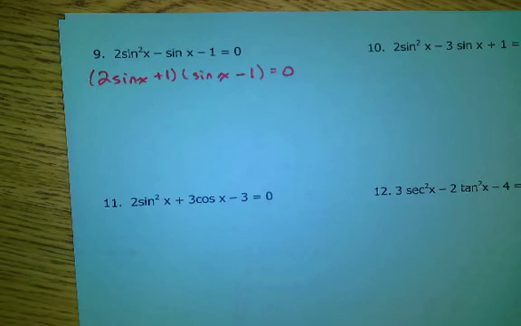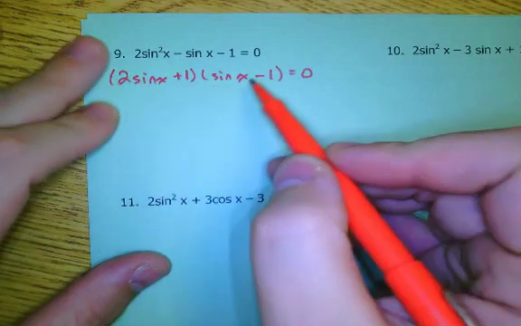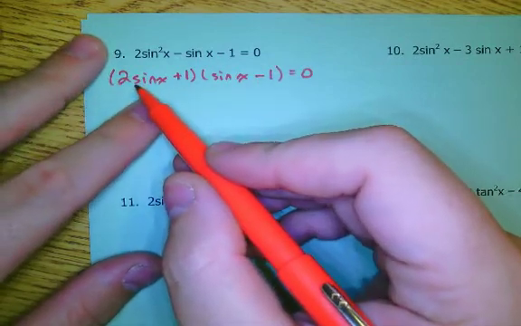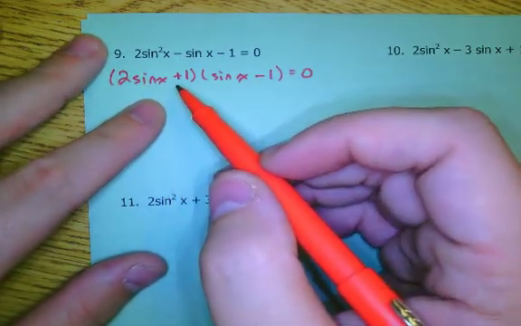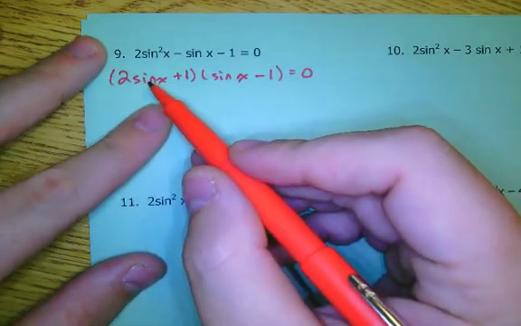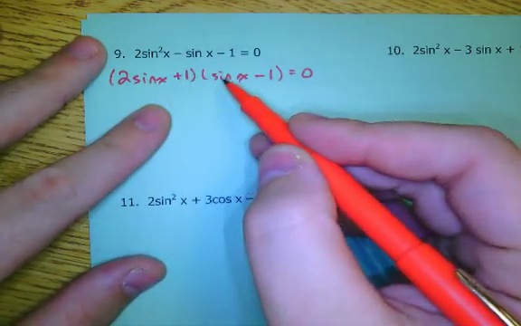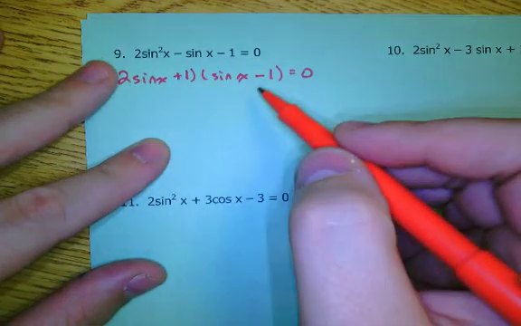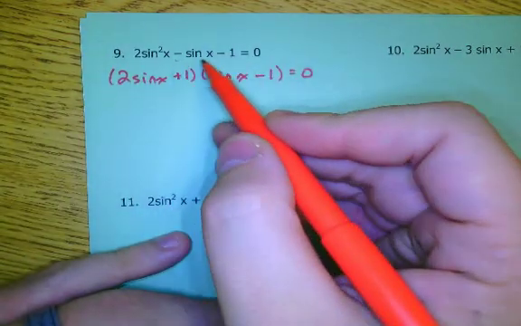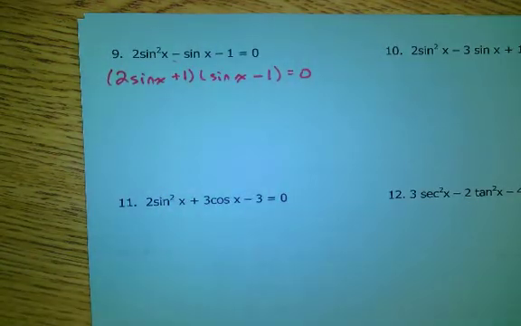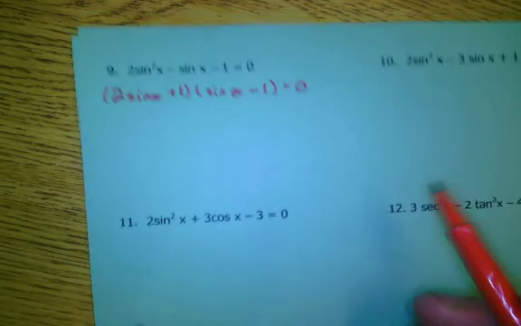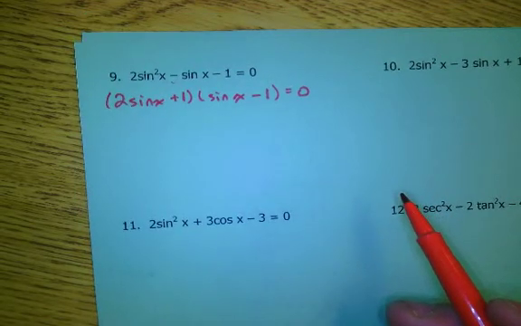Because if you multiply the negative 1 times the 2, you get a negative 2 sine, multiply this in here, you're going to get a 1 sine. So negative 2 sine plus 1 sine is a negative sine. Oh, okay. Yeah, I get it now. Are you just saying that so we can move along? No, because I was confused. Yeah, I was really. Okay.